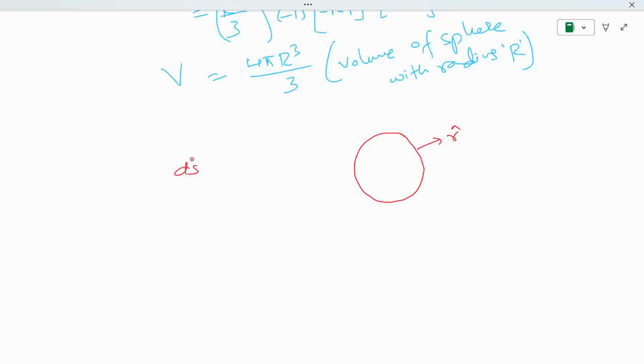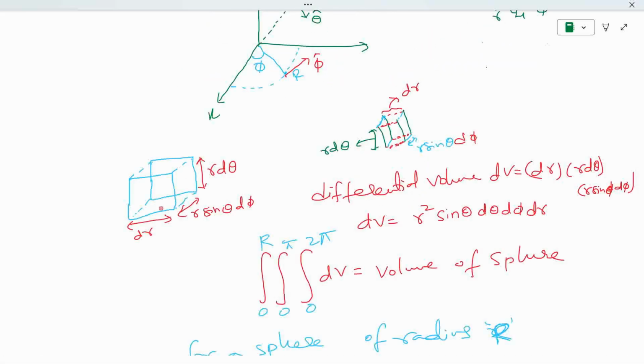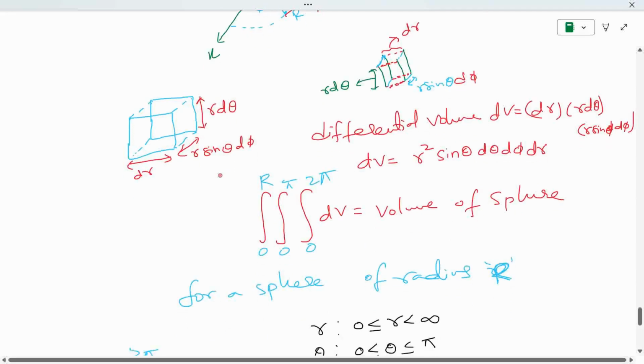For example, in radial direction, when r cap is the normal, so along r cap direction, the surface area will be r sin theta d phi times r d theta.